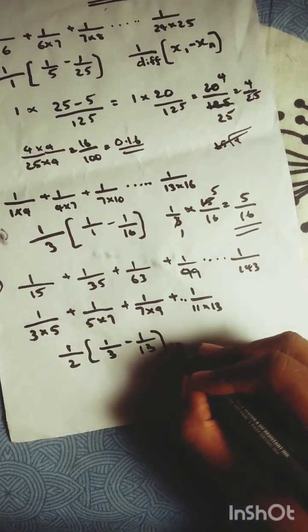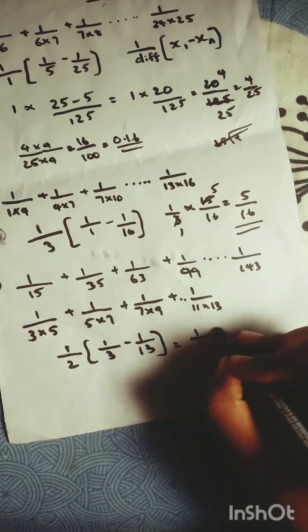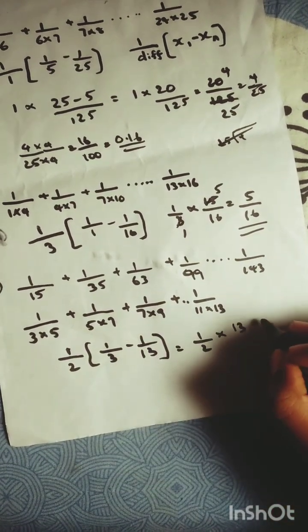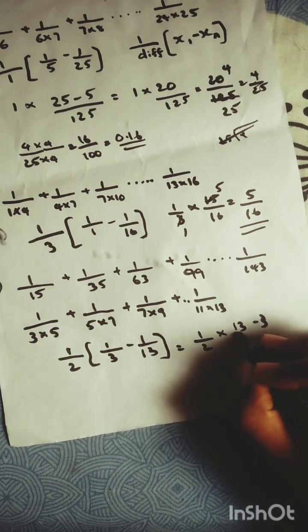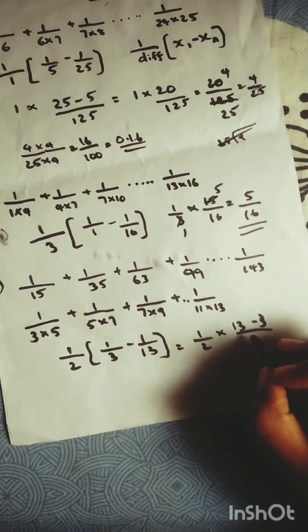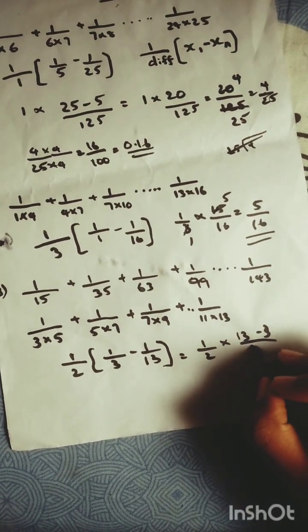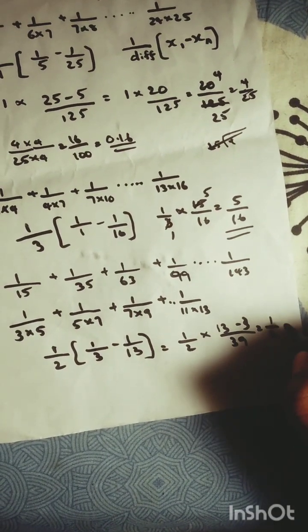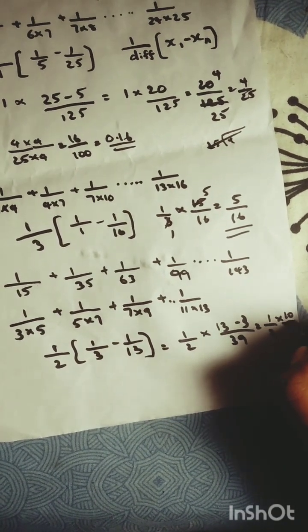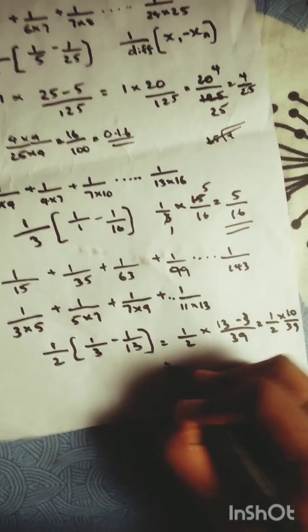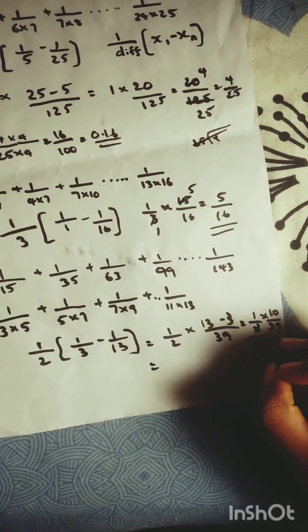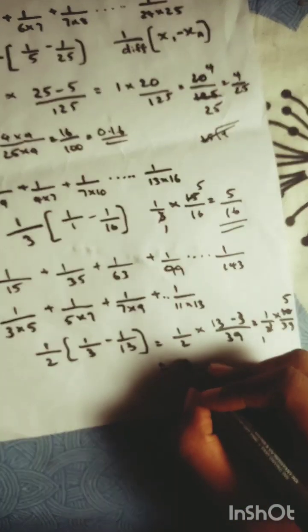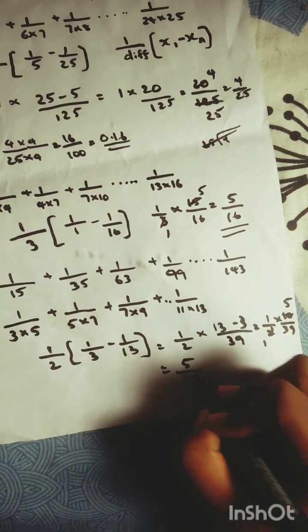So we get 1 by 2 into 13 minus 3 over 13 into 3, that is 39. So that would be 1 divided by 2 into 10 by 39. Cross cancelling, 2 goes into 2 one time and 10 goes five times. So 5 divided by 39 would be the answer.